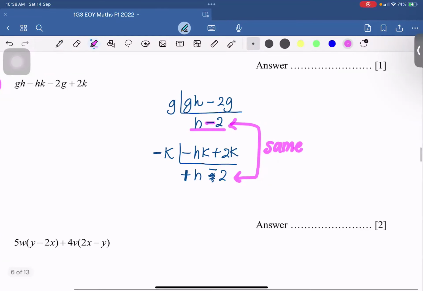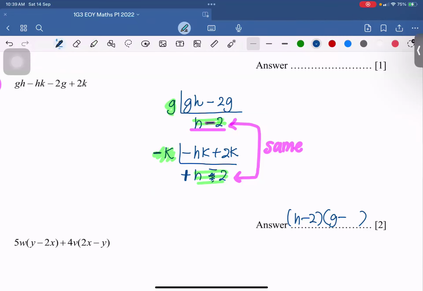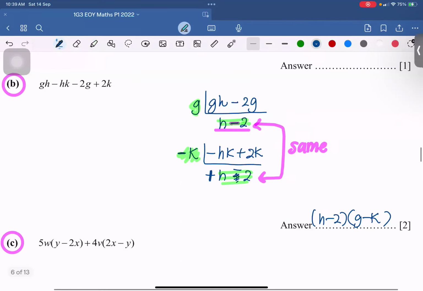The common factor, the factor that is repeated, we only write it 1 time, H minus 2. The other factor, where do we get the other factors from? That will be G minus K. Any one of you did a different grouping, it should also be the same answer.